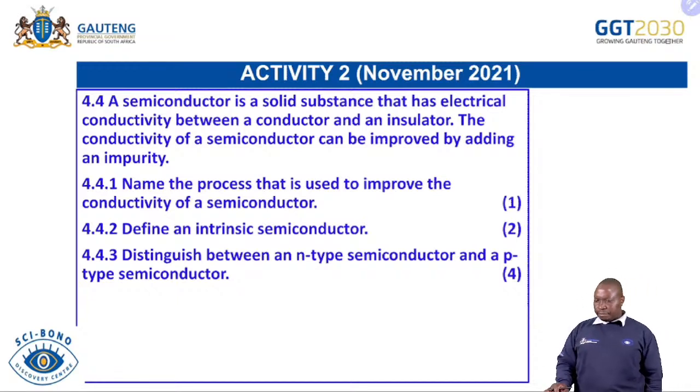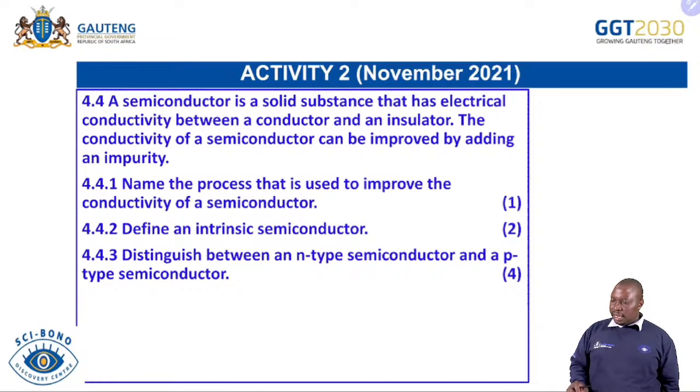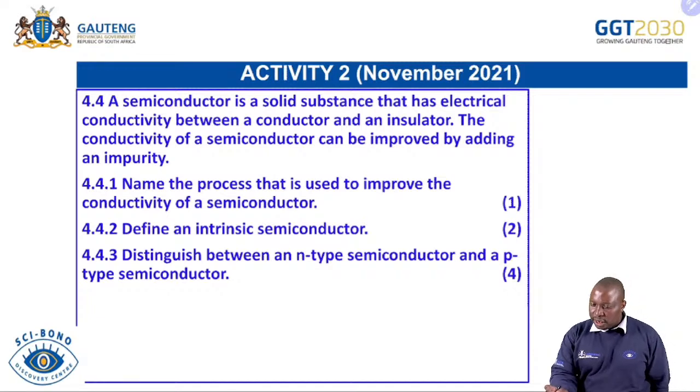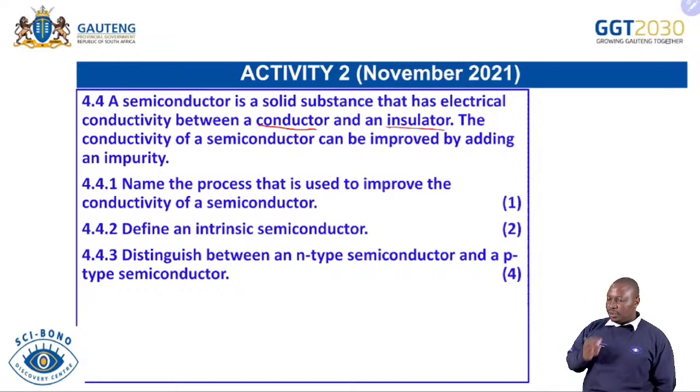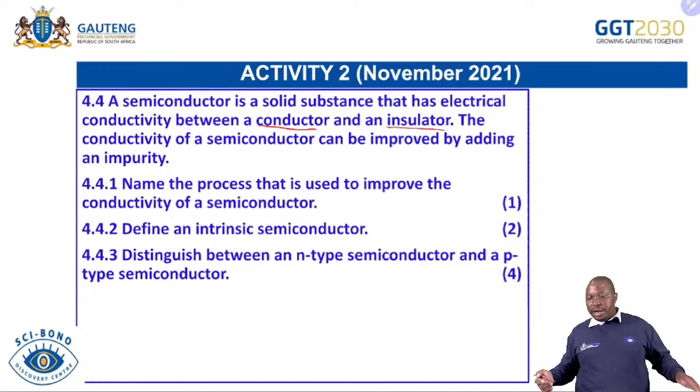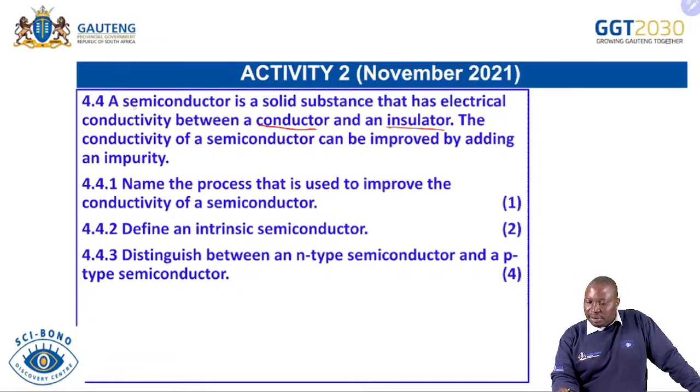It says a semiconductor is a solid substance that has electrical conductivity between a conductor and an insulator. So we were very good to you here, because the question gave you the definition of what a semiconductor is.